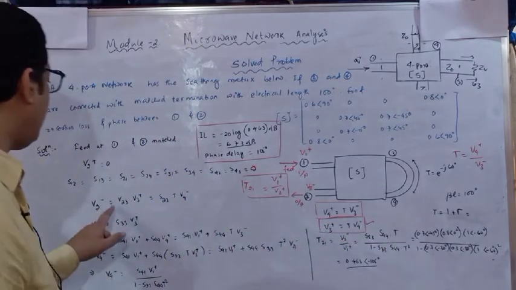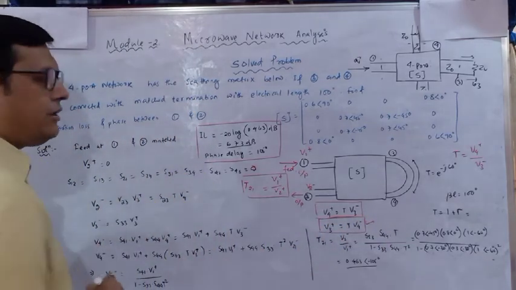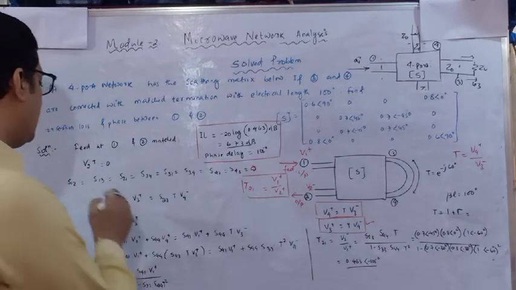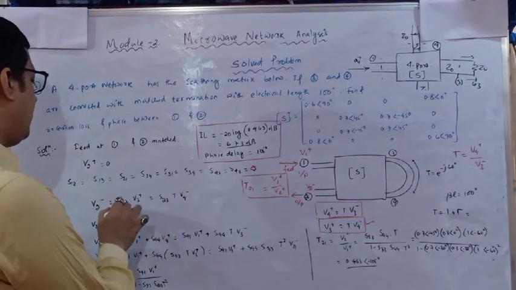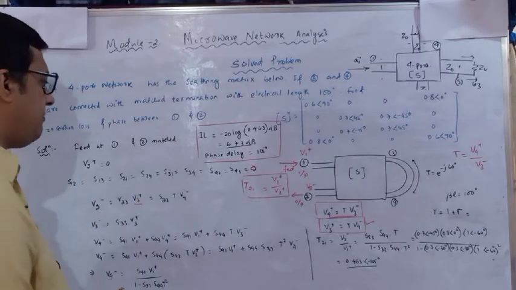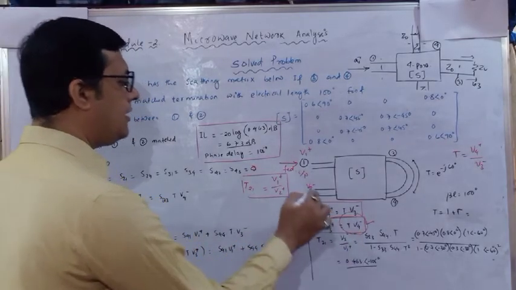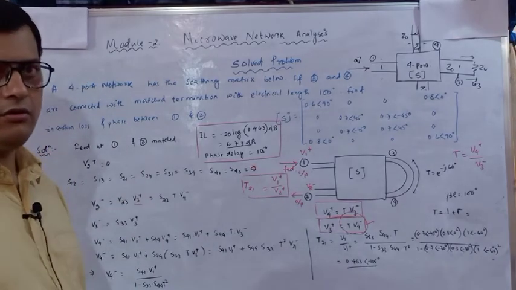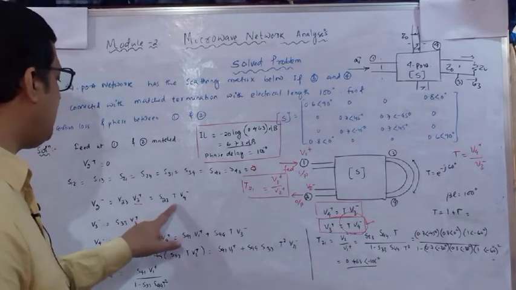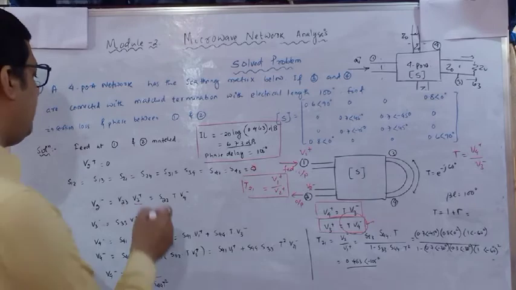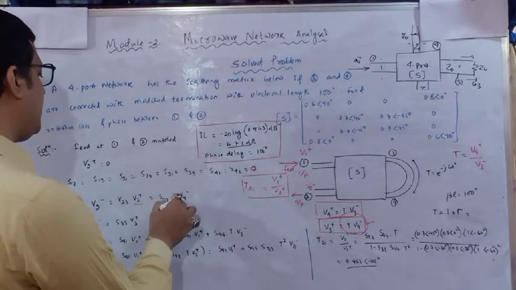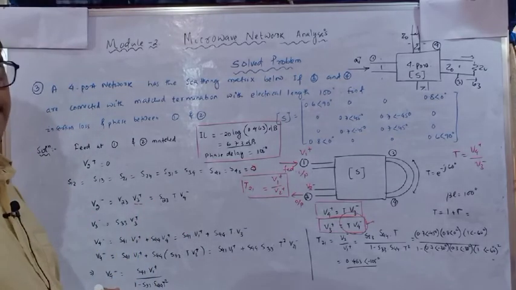Here V2 minus is equal to S23 and V3 plus. In place of this V3 plus, I have substituted the transmission coefficient with respect to port 4. So it becomes S23 times T times V4 minus.